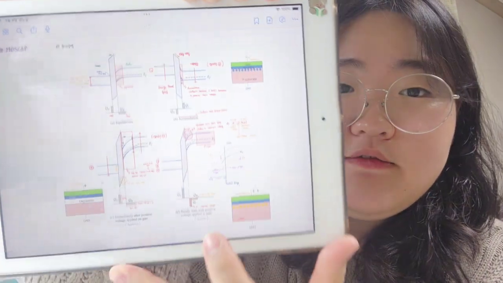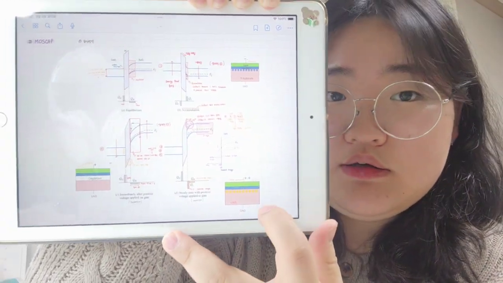In MOS capacitors, we can control the current which flows at the surface of the junction between the substrate and the oxide by controlling the bias on the gate, which is the metal. So this is the basic concept of the MOS structure.